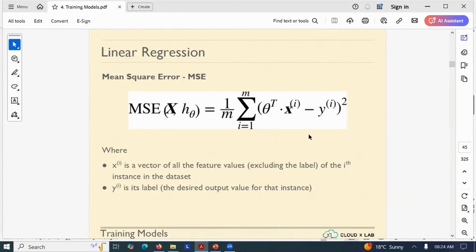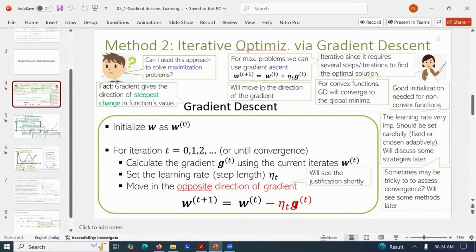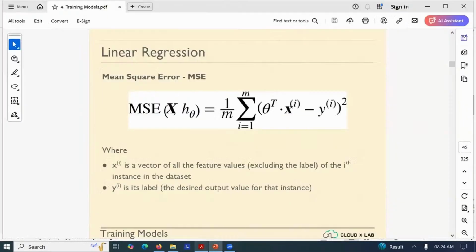So here we will differentiate this loss function MSE with respect to theta, right? When you differentiate this MSE with respect to theta, we will get the gradient vector, right? As you can see in this MSE formula, we are having all training data, because we are having m number of data points.